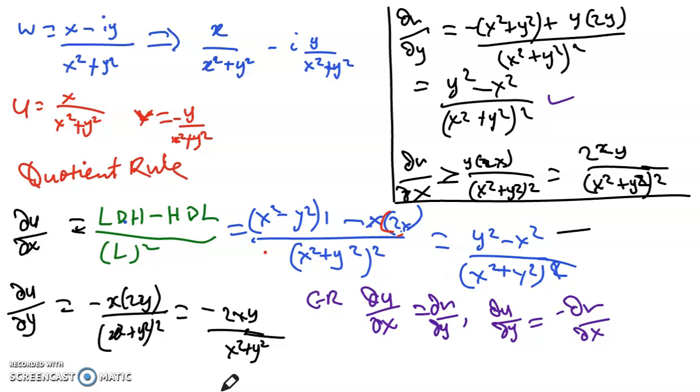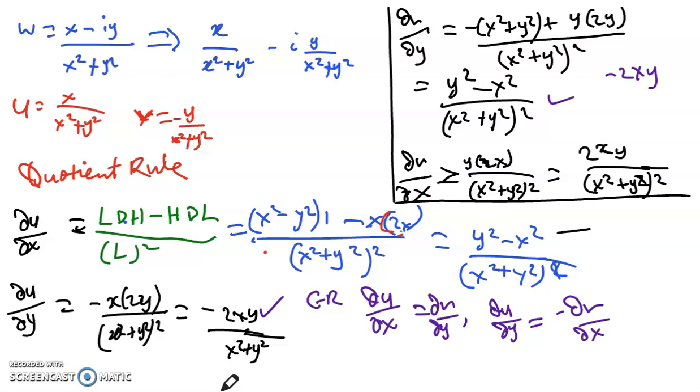And we also know that partial u partial y is equal to negative 2xy, like we have here.